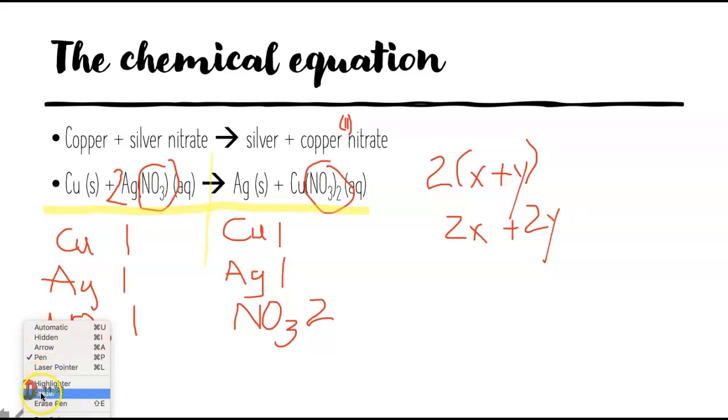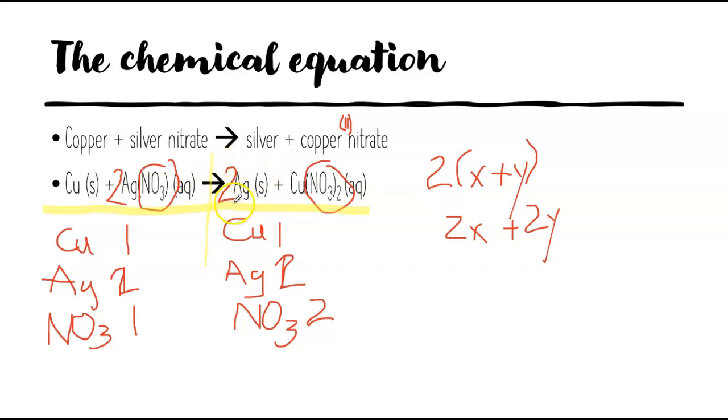And so that's important for you to be aware of. That's the way that happens. And so now we have 2 silvers over here on the reactants side. So we're going to need 2 silvers over here on the product side. So we're going to have to add a coefficient 2 in front here.